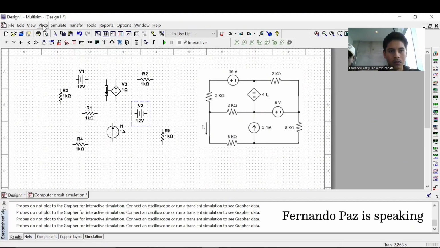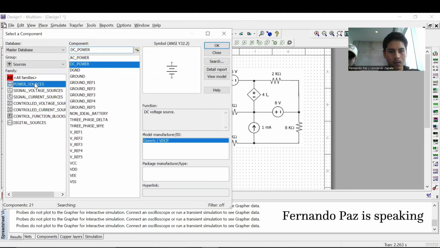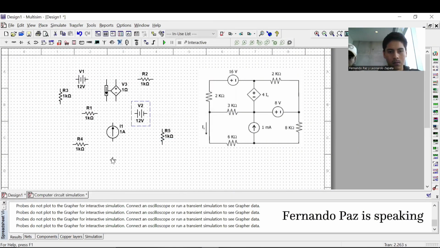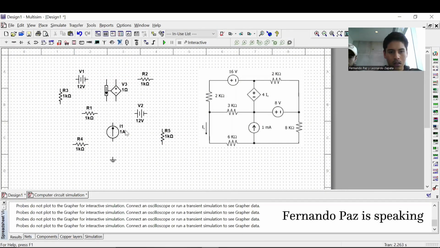And the ground. Here, put the ground. And now I connect everything.